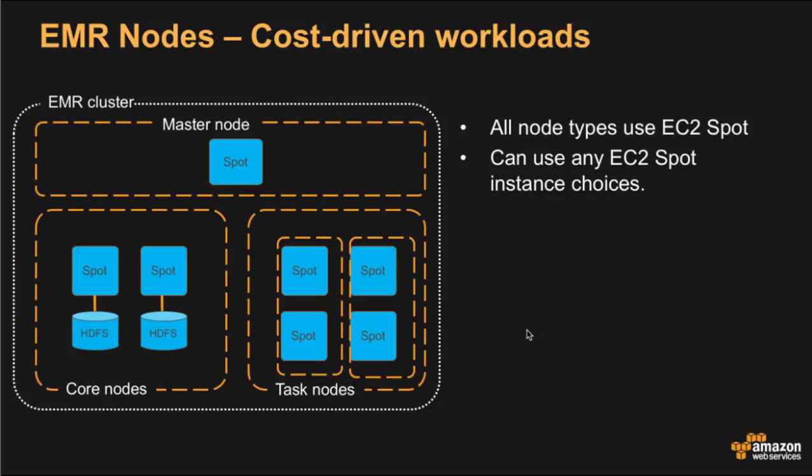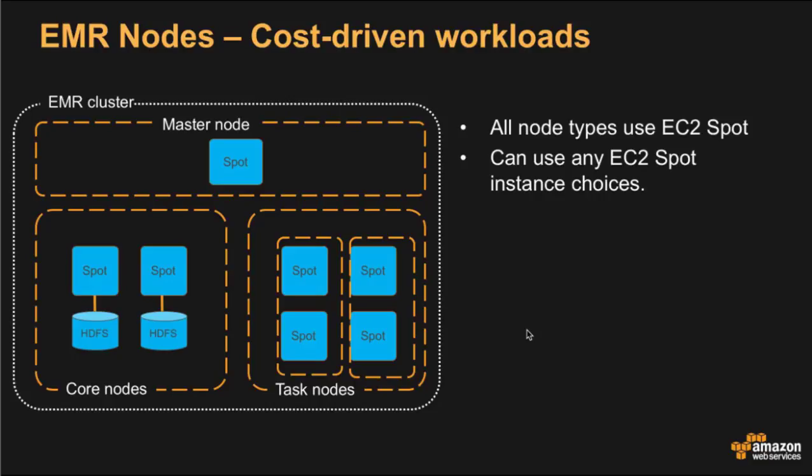So there are customers who run these transient clusters on EC2 Spot all across. So it would be a good fit if your workload is cost conscious and you have architected your workload in a way that basically lets you restart your cluster and redo the processing.